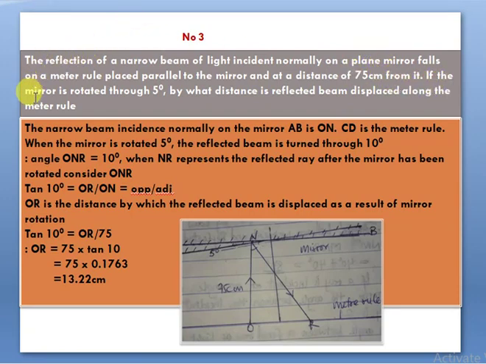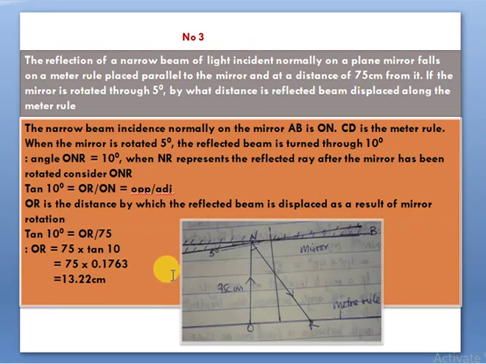If the mirror is rotated through 5 degrees, by what distance is the reflected beam displaced along the meter rule? Please, let's take the question again for proper digestion so that you can know how to apply it. The reflection of a narrow beam of light incident normally on a plane mirror falls on a meter rule placed parallel to the mirror and at a distance of 75 cm from it.